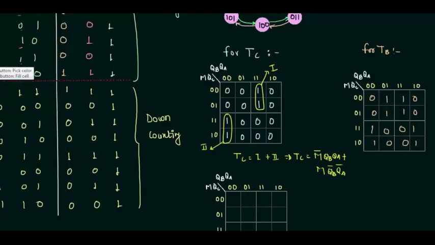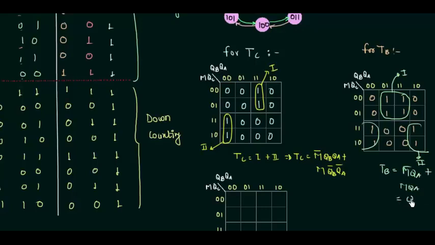So let's make the group of ones. This is my first group, and this one, the group of 4 ones, is my second group. So TB is simply M complement QA or M QA, that is definitely equal to M XOR QA.